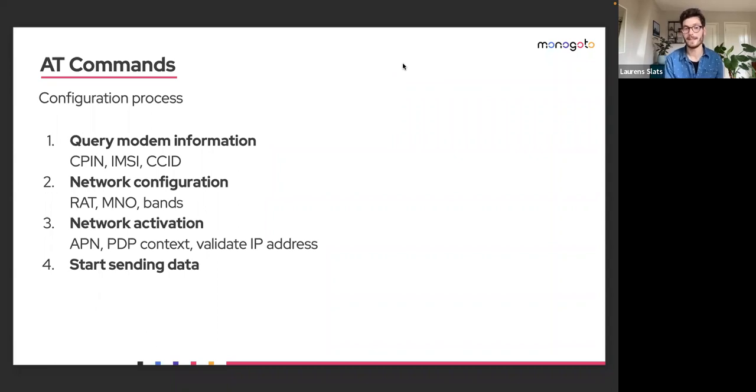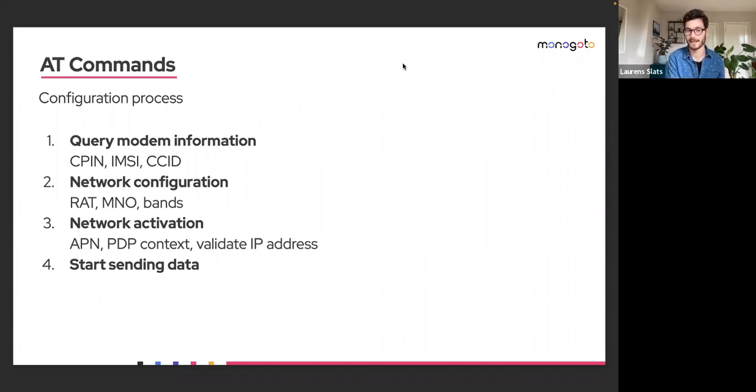Once you have the right information, then you can continue and configure the network. So you can configure the radio access technology, whether you want to use LTE-M or another type of technology. You can set the mobile network operator or the specific bands. Once you configure that network, then you can start activating the network.